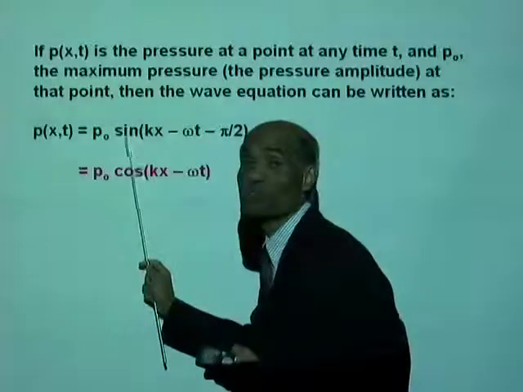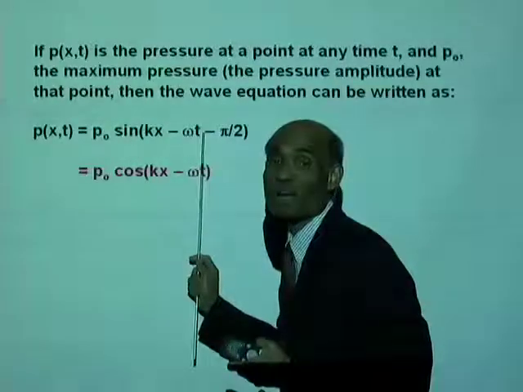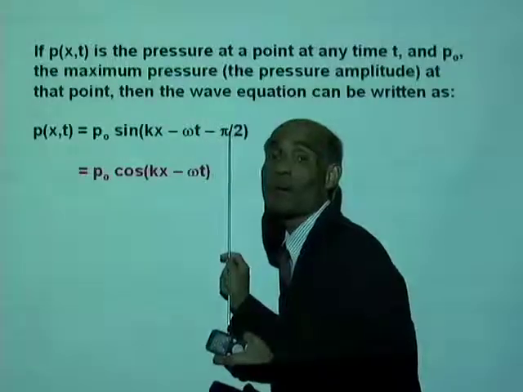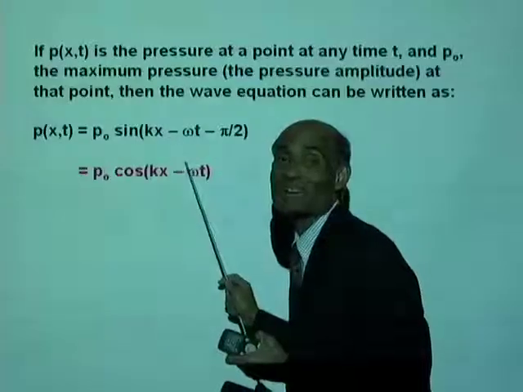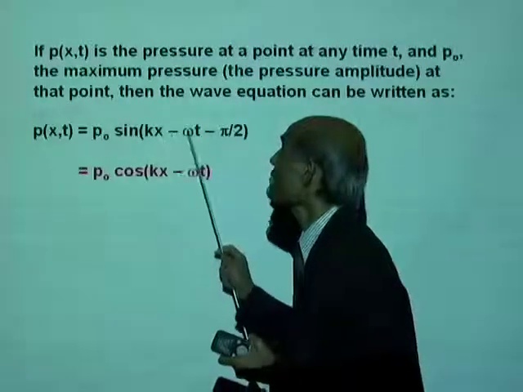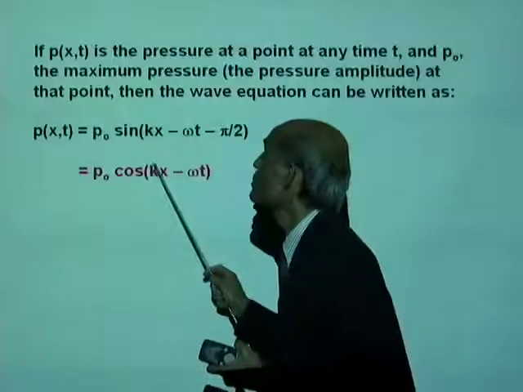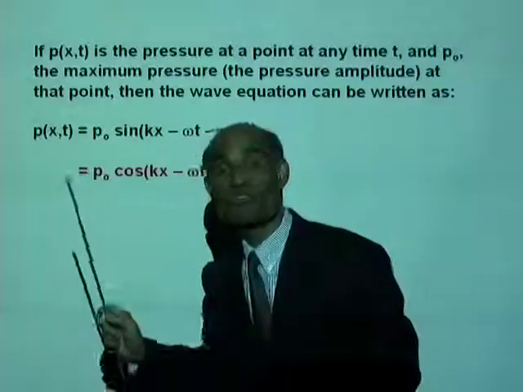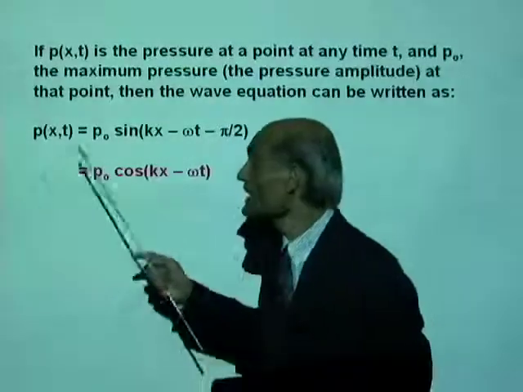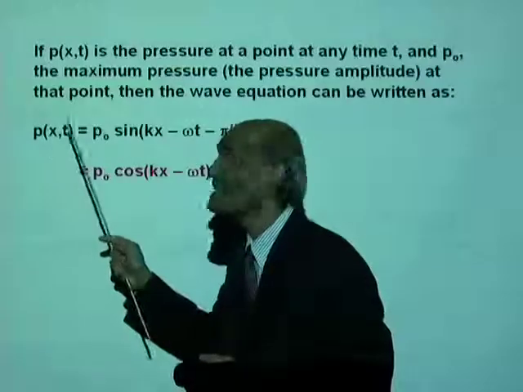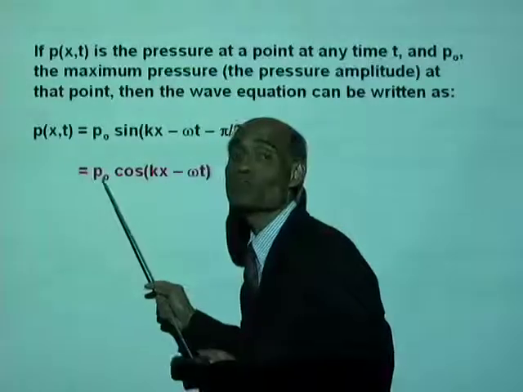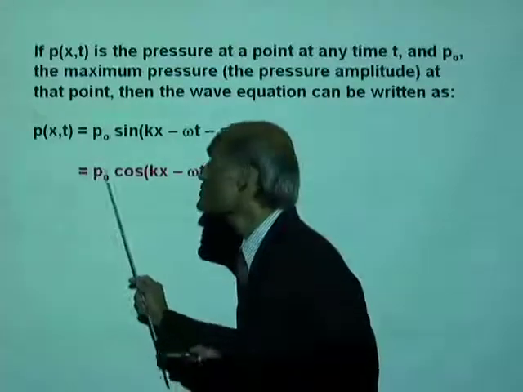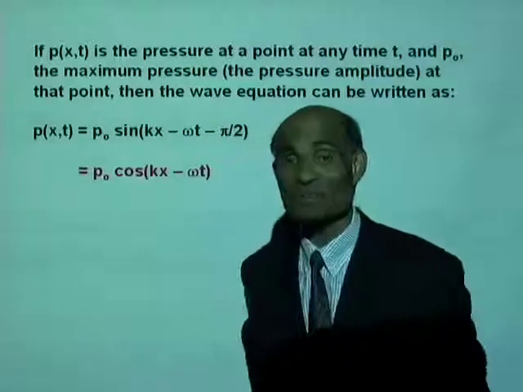Now you know that, using a trigonometric identity, sine of theta minus pi by 2 will be minus cos of theta, in magnitude cos theta. So sine(kx minus omega t minus pi by 2) is cos(kx minus omega t). So the equation for the harmonic sound waves in terms of the pressure variations is P(x,t) equal to P0 cos(kx minus omega t), where P0 is the pressure amplitude.